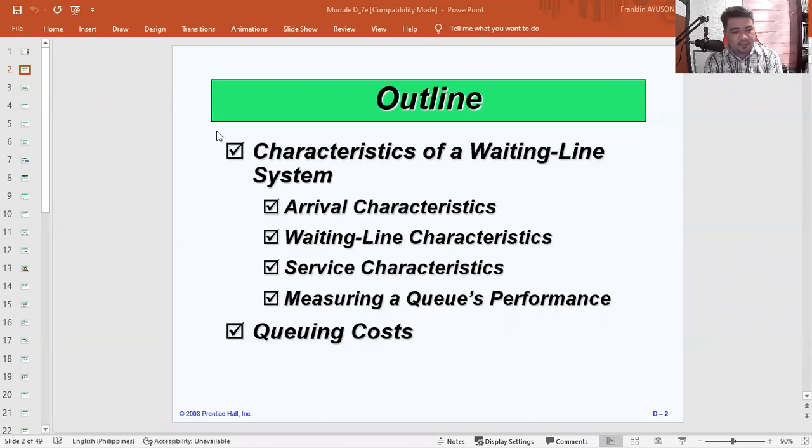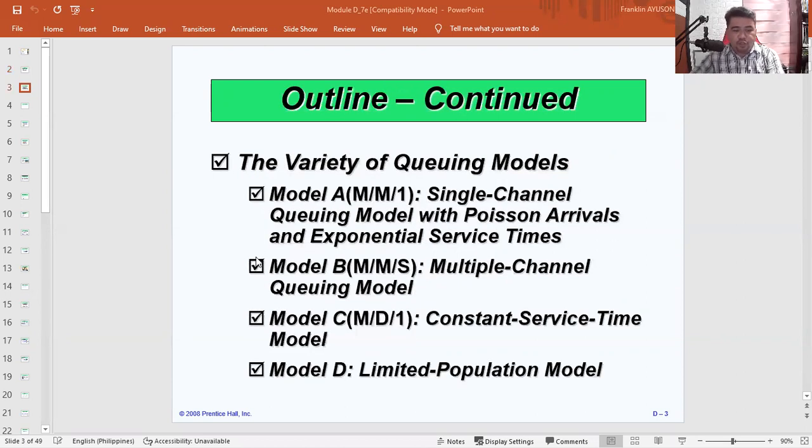So we'll be discussing the characteristics of the waiting line system: arrival characteristics, the waiting line characteristics, the service characteristics, the queuing performance, as well as the queuing costs. More so, we're going to talk about the variety of queuing models.